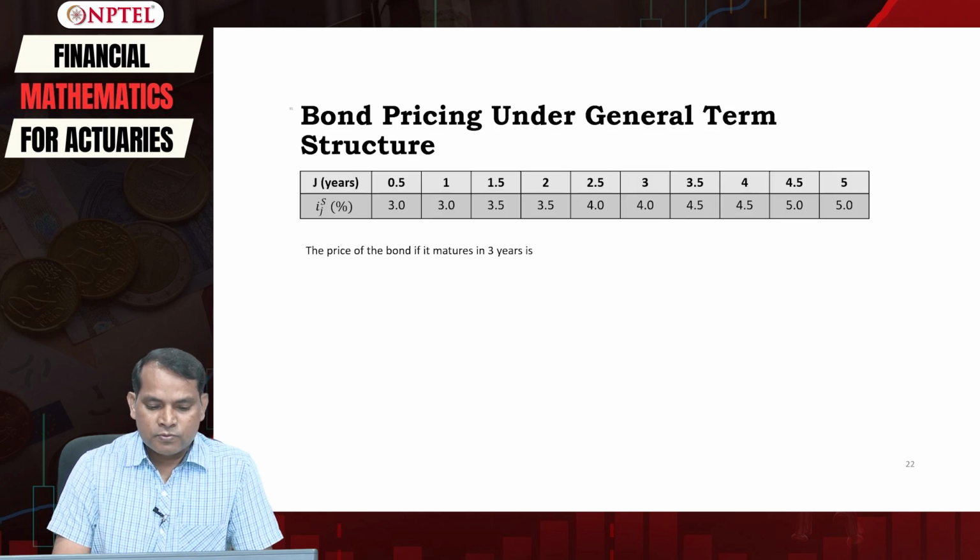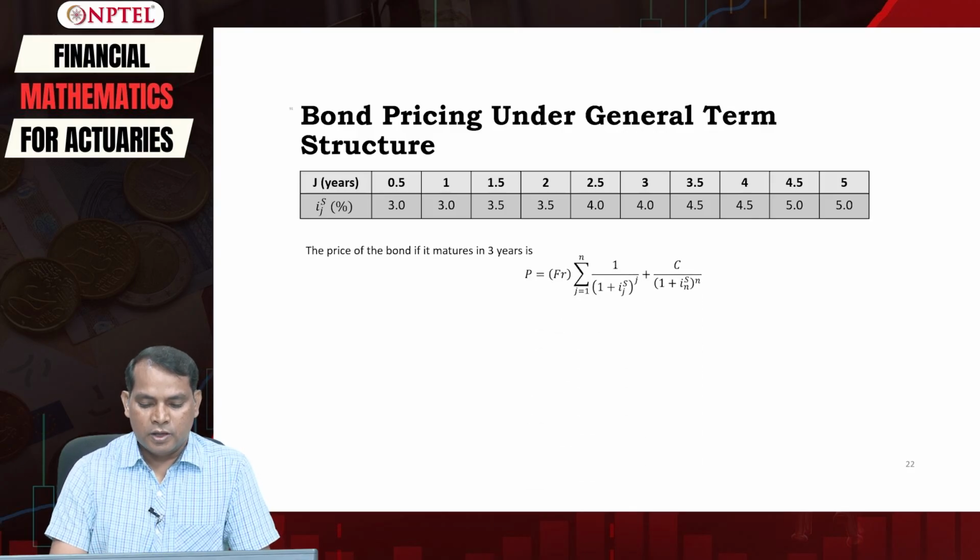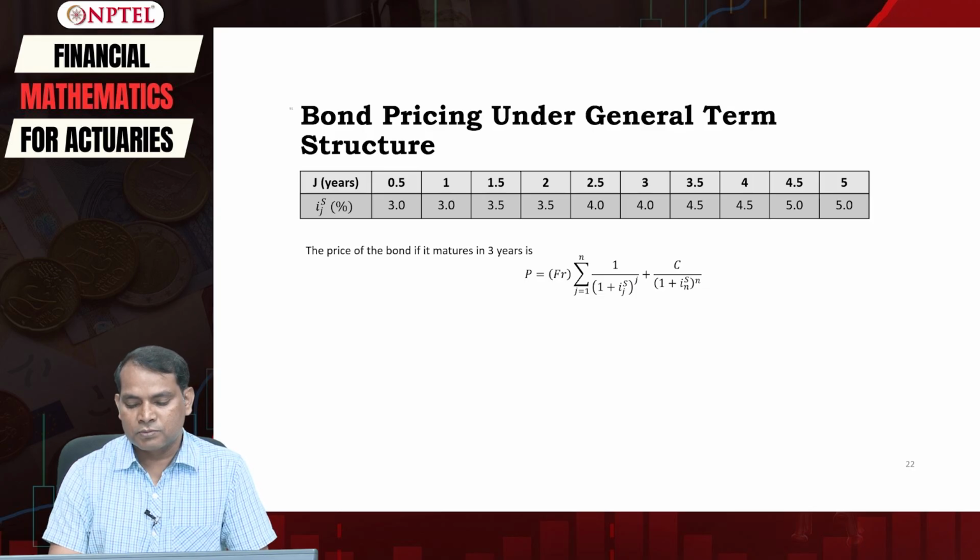So, the price of the bond if it matures in 3 years can be computed by using the same formula, that P is equal to Fr times the sum of 1 upon (1 plus i_j^s) plus C upon (1 plus i_n^s), considering you have already computed the semi-annual rate.